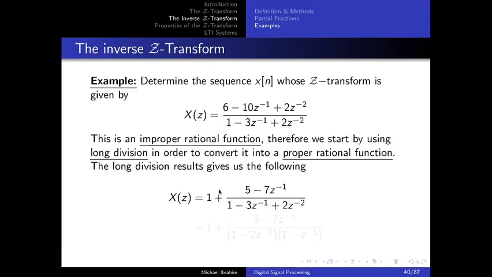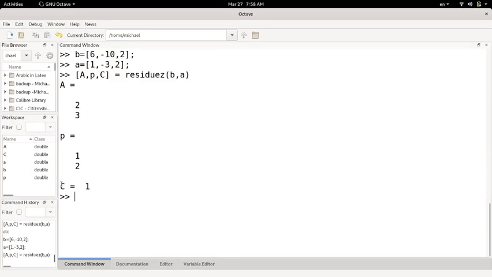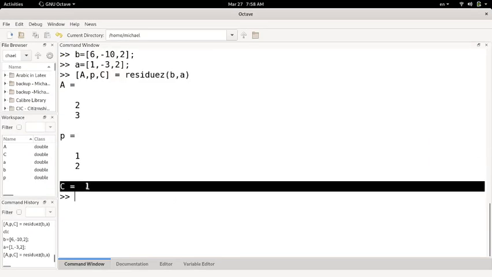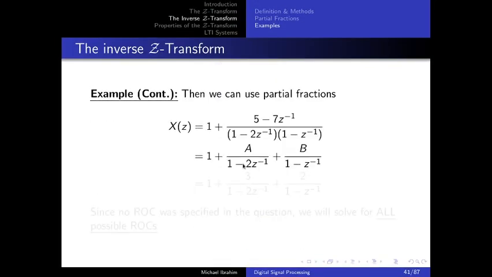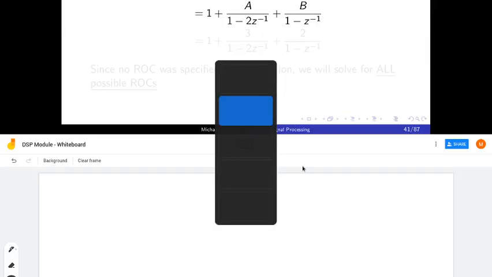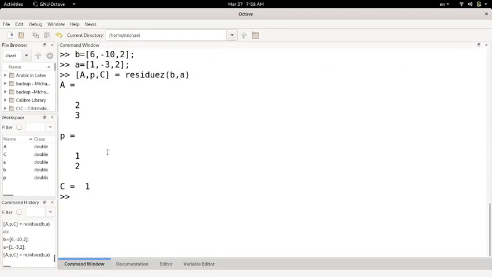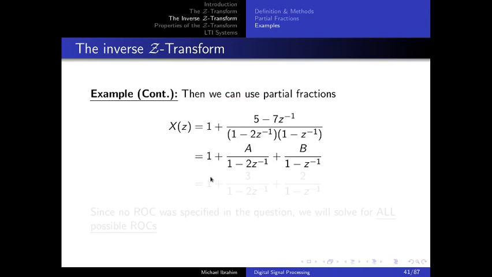the result of the long division is 1, which comes in MATLAB as a variable c. And here we have two poles, which is the vector p, with poles 1 and 2. And the constant associated with the pole 1 is 2, which is basically here the term with the pole 1 has a constant equal to 2.